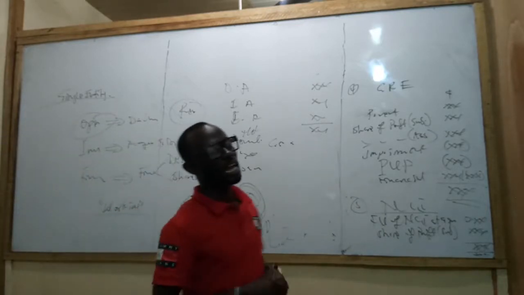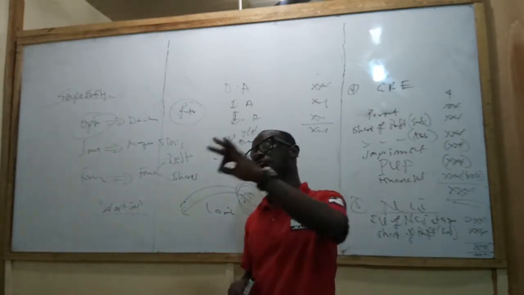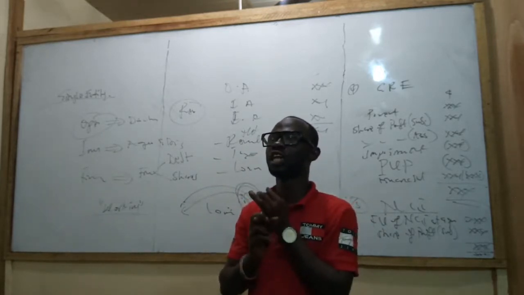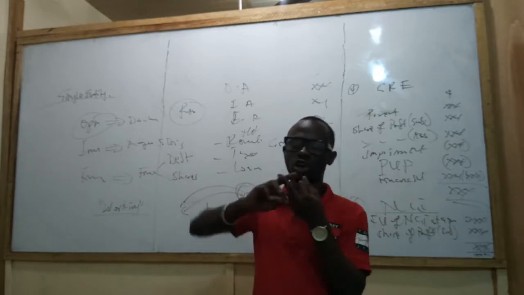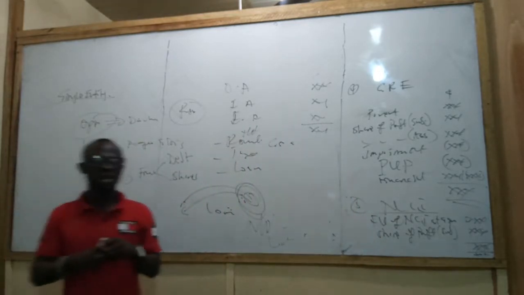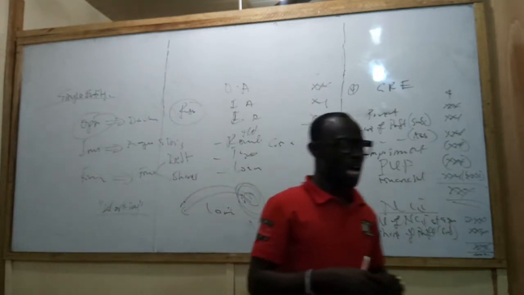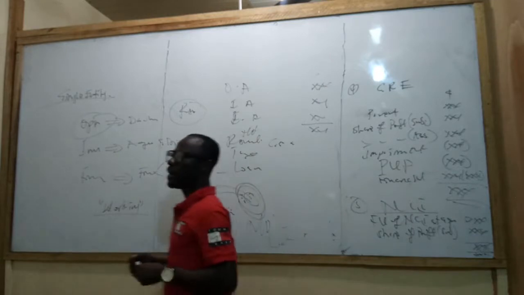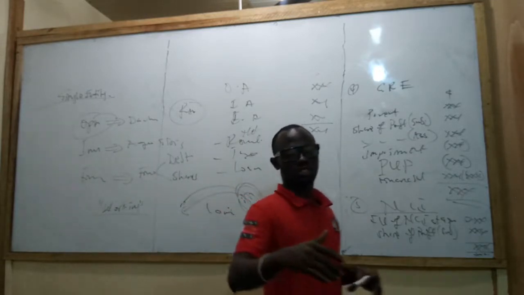Then we come to the final aspect called specialized accounting. This is where we talk about partnership, hire purchase, and branch accounting. This semester, we expect the examiner to set questions either on partnership or on hire purchase.